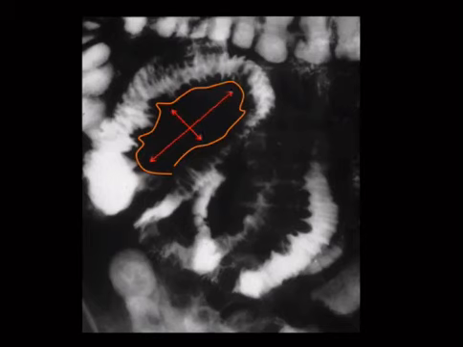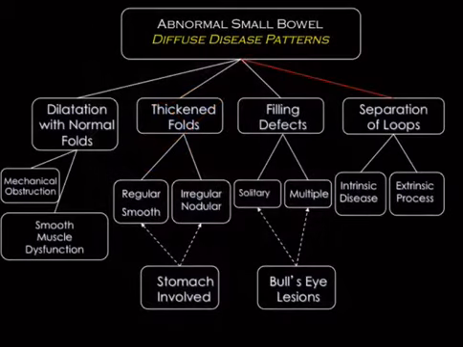Now, to the last part, which is our fold separation. Like, you can imagine there was something there that's pushing these loops of bowel apart. Now, that can be from two general categories. It can be from either an intrinsic process, something within the loops of bowel.